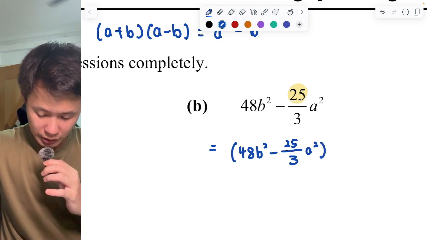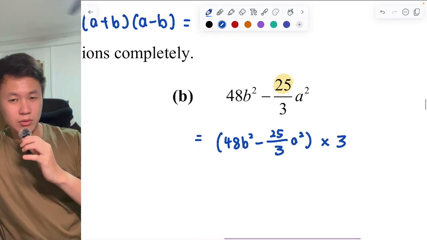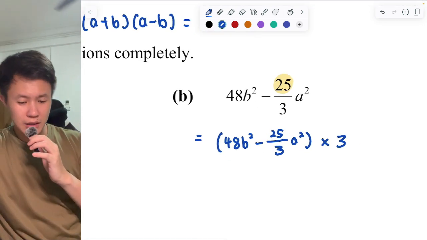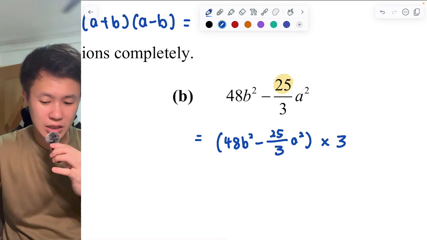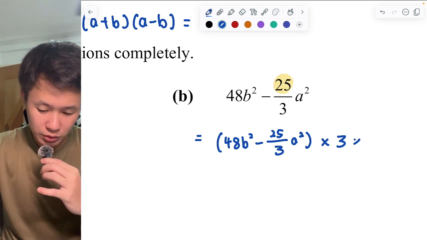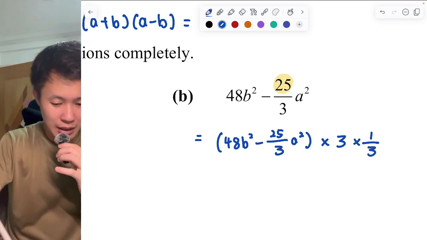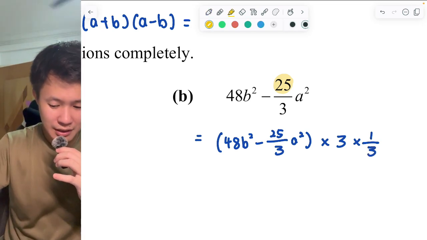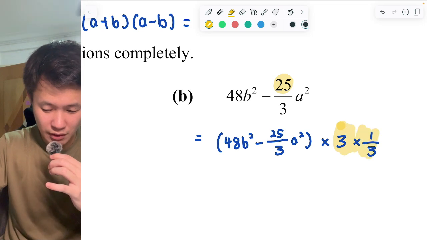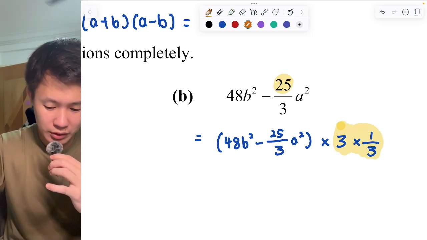Now I want to get rid of the 1/3, and the best way is to multiply by 3. But you cannot just multiply by 3 because you're changing the value of the expression. So we're going to multiply by another 1/3. I know it seems a bit confusing, but the essence here is that these two things give you a value of 1.